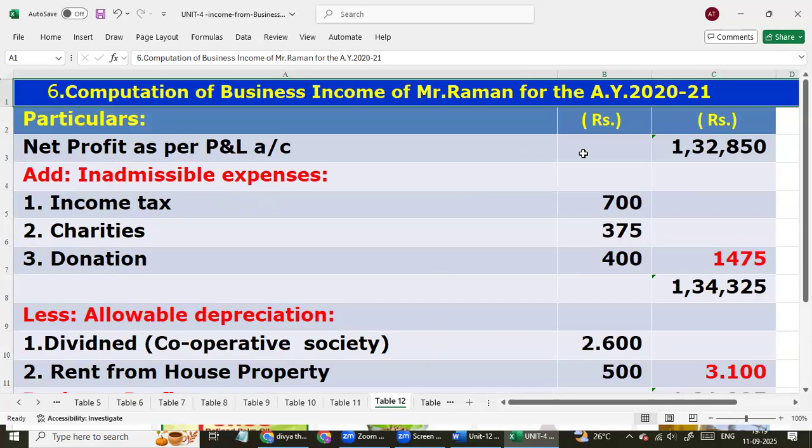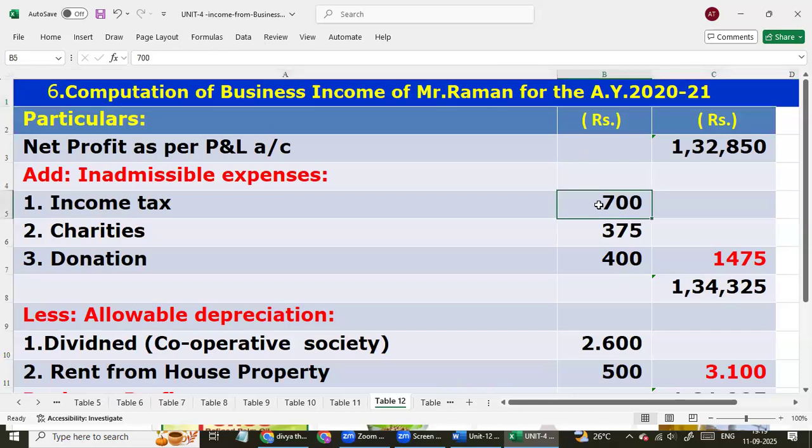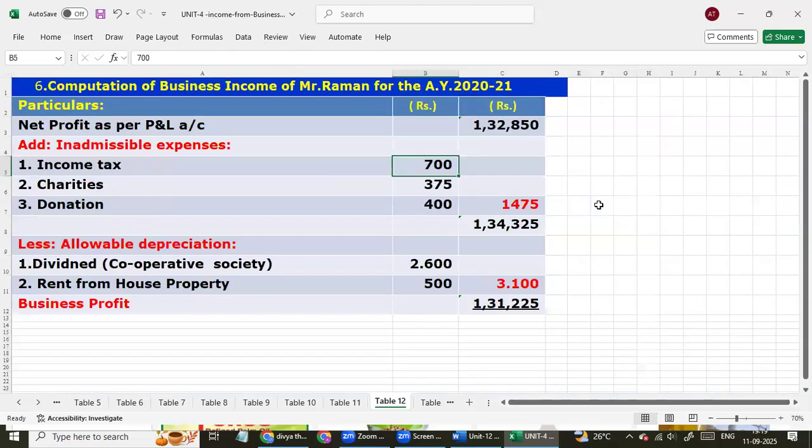Charity and donations, these expenses are not allowed because they are non-business. In case of income tax, those who feel that it is of business can assume so. So this 700 may be part of inadmissible or may not be part, depending on the assumption you make. If I assume it's a business, I will make that assumption.